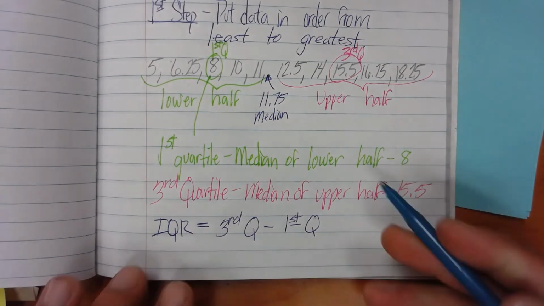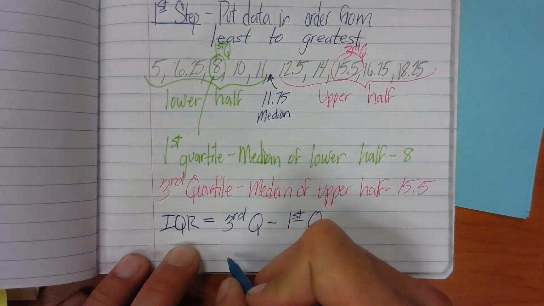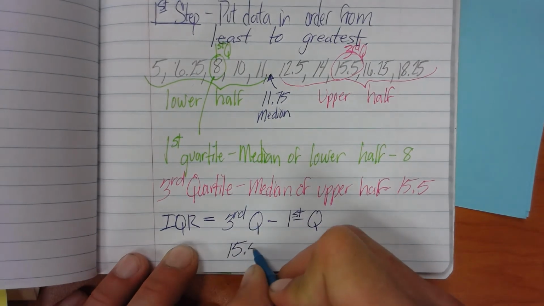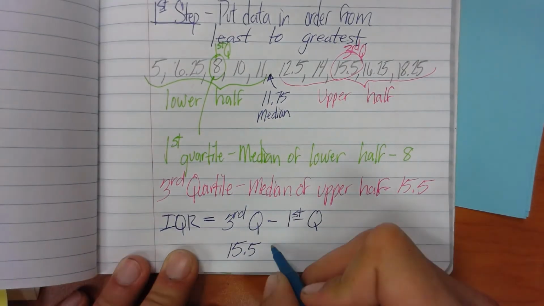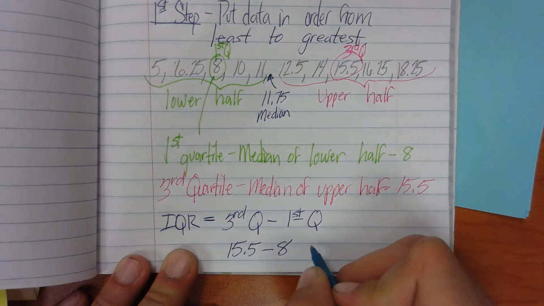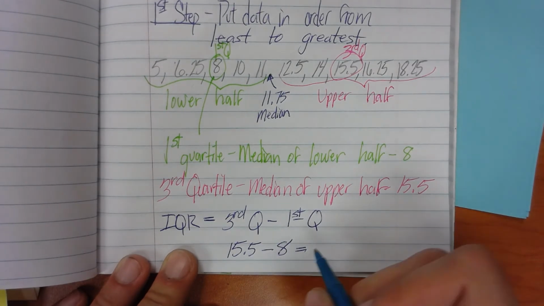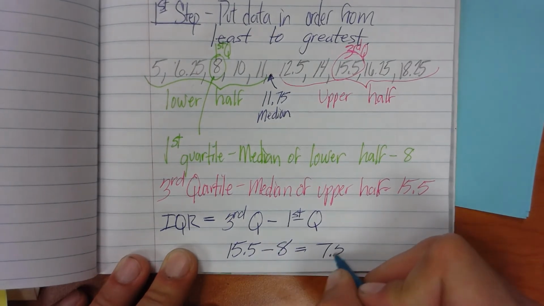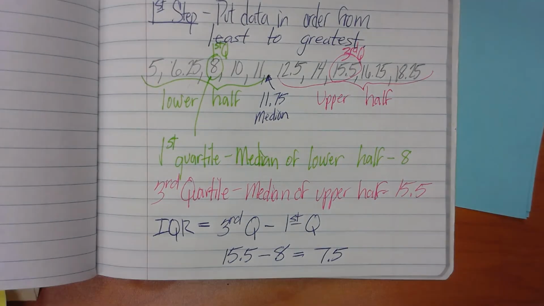So the range, that would be 15.5 minus 8. So my IQR would equal 7.5. So what that means is that the center of my data has a range of 7.5.